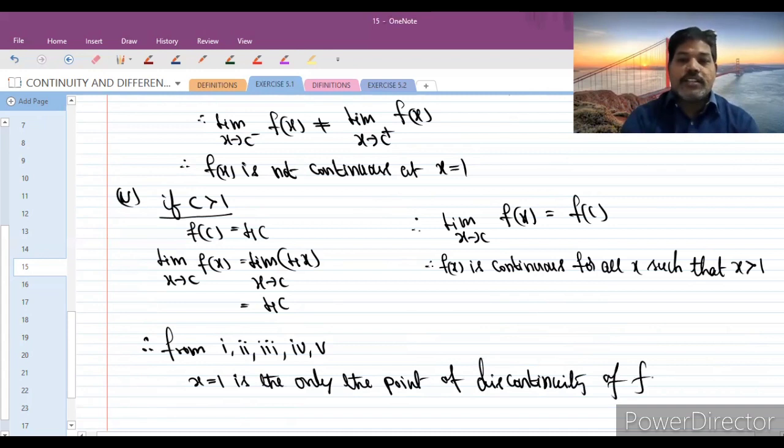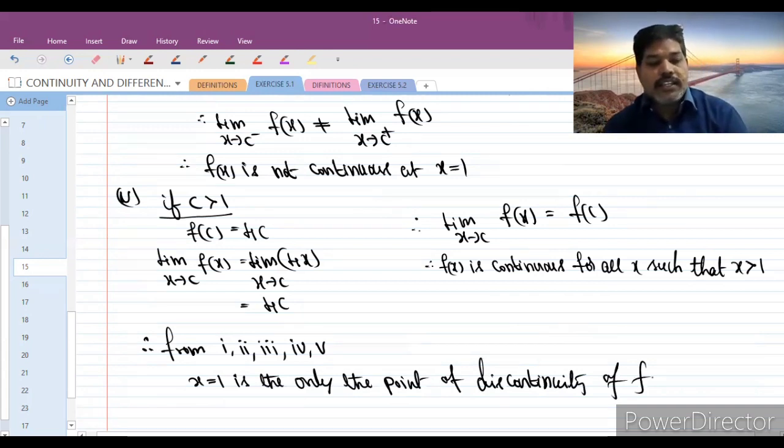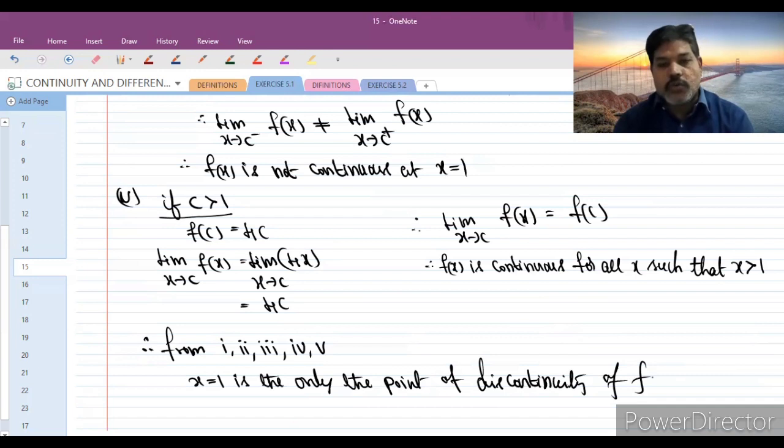That means the function is continuous everywhere except at x is equal to 1. We can write it like this: f is continuous on the domain of f except x is equal to 1. So you can write that in this manner. Okay, so see that question, students.